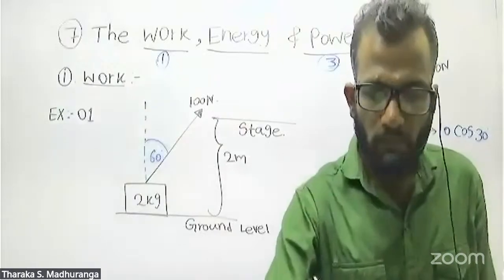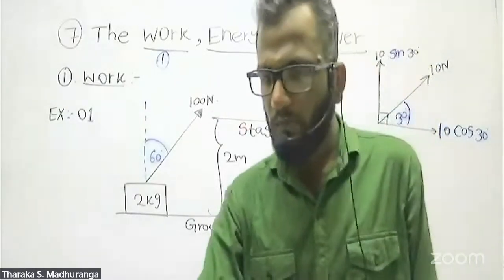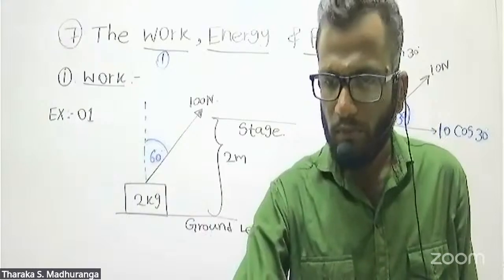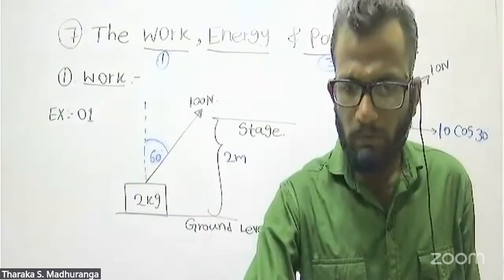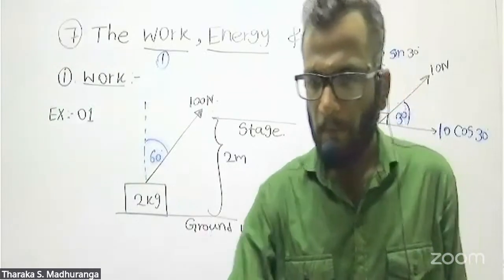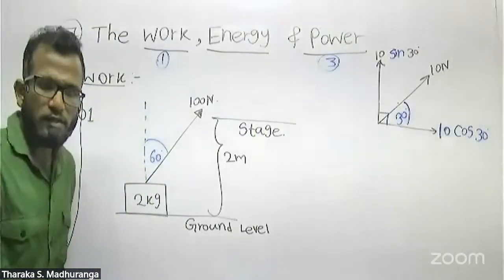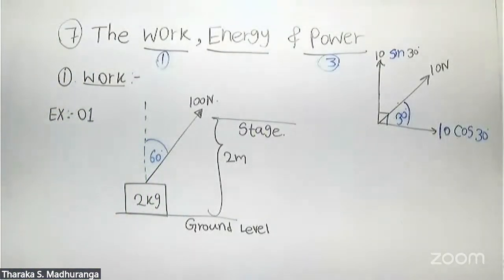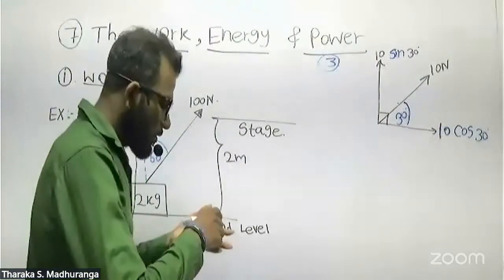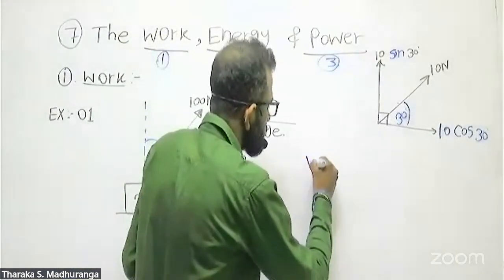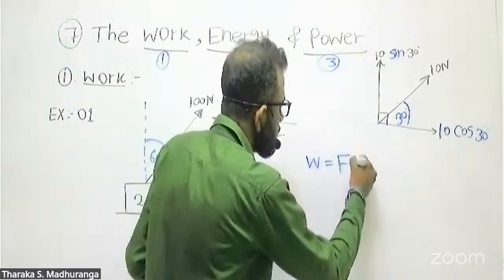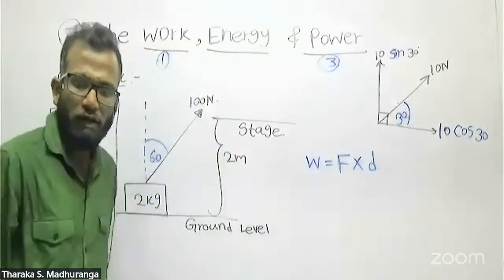How do we get it? Very simple. We need the basic equation: the work equals F into D.